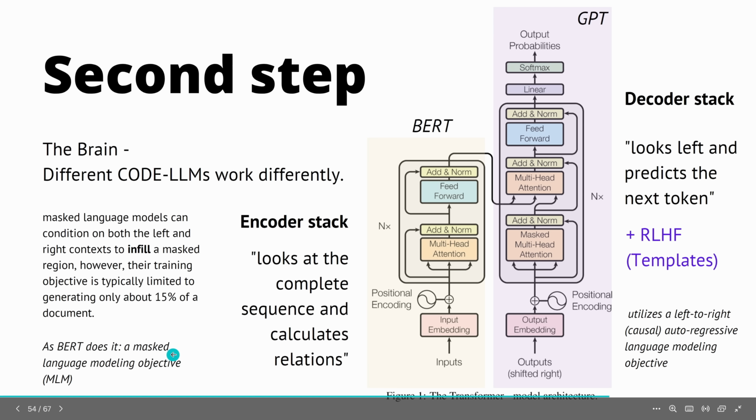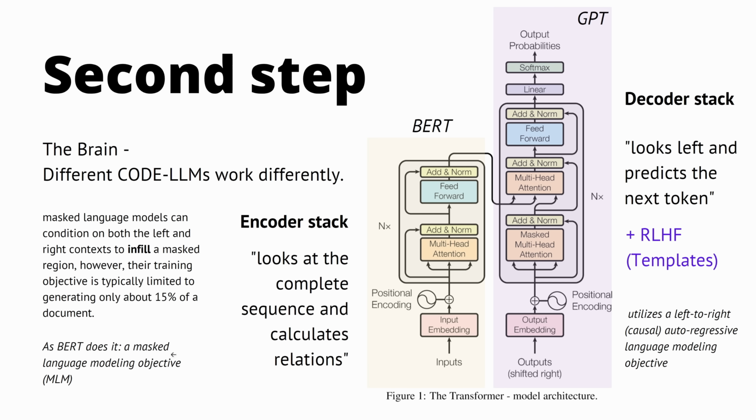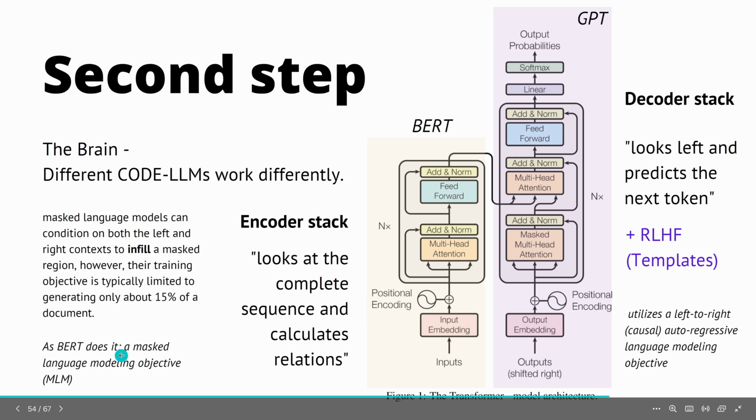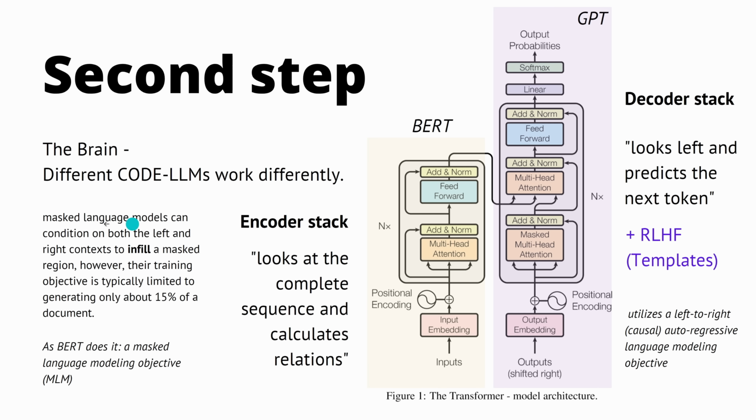If you think back 2 years with BERT and SBERT, you had this masked language modeling objective. That was at first a little bit difficult to understand, but then we became really familiar with it. So those masked language models can condition on both the left and the right context to infill the masked region. And this is exactly what they apply now from the big GPT models. They're models that they have trained for millions of dollars to have now exactly this functionality of the BERT system.